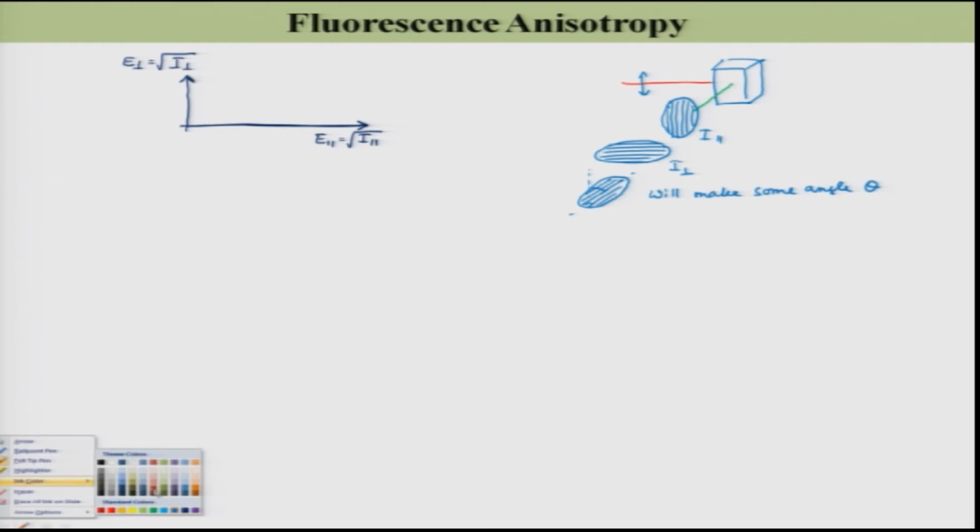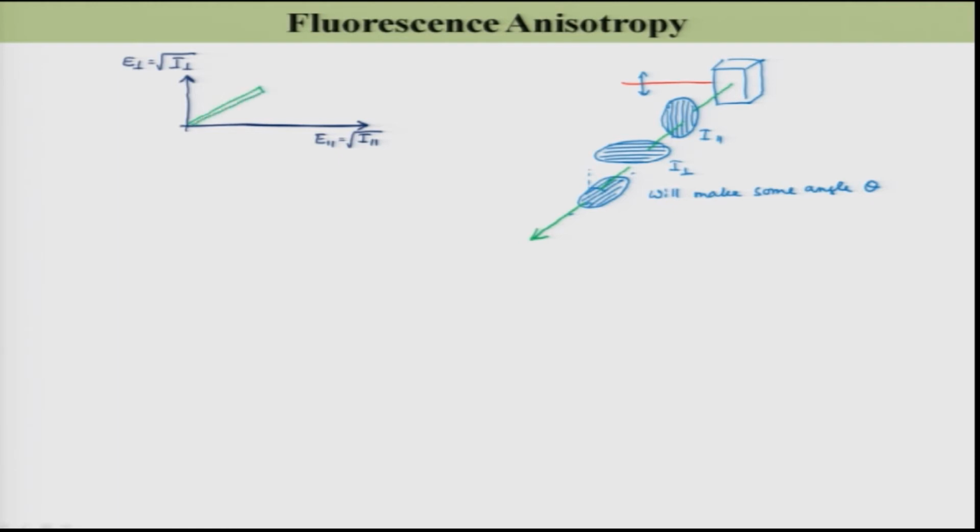So, now if you collect the emission, then this emission will be collected at that particular angle theta. That is what I am going to write. Let us assume that you put your analyzer in such a way that only light having such kind of polarization passes through this analyzer.